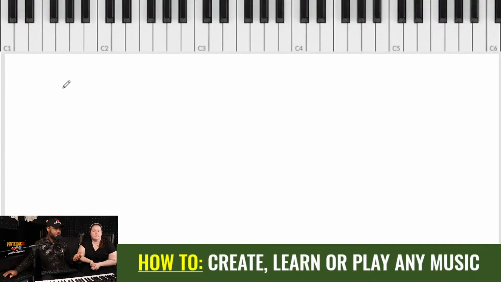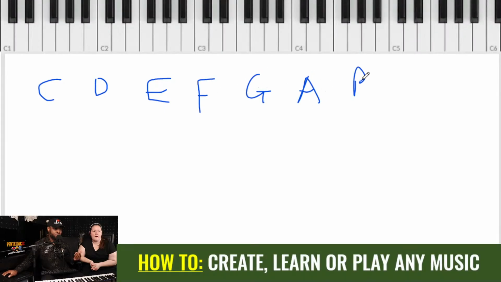So let's use C for example. So we have C, D, E, F, G, A, B, C. So now how do we get the chords? We want to start with triads. This is how you build triads. You get triads by taking every other note.